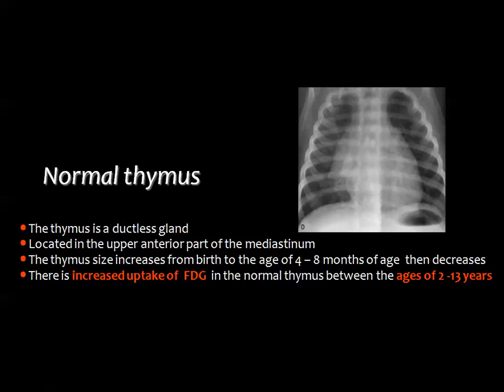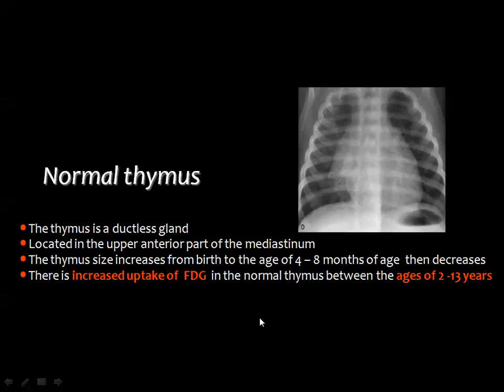The thymus is a ductless gland which is located in the anterior mediastinum, and it usually increases in size starting from birth until the age of 8 months, and according to the literature, it should undergo regression in size after this age.